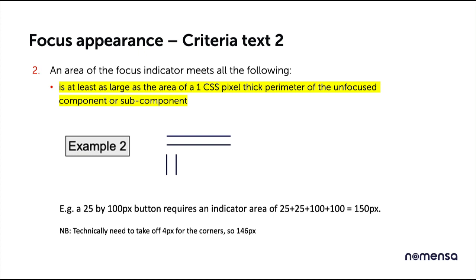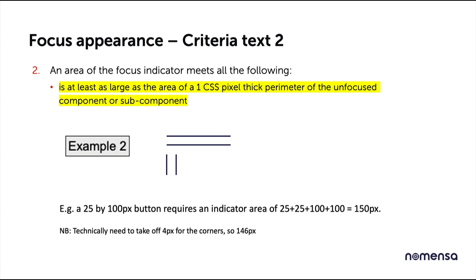So if we take an example button that's 25 by 100 pixels, and you draw the perimeter around, break that into its constituent parts, add those together, that's 25 plus 25 plus 100 plus 100 equals 250 pixels. Technically, we should take off 4 pixels because the corners overlap, so it's actually 246 pixels.